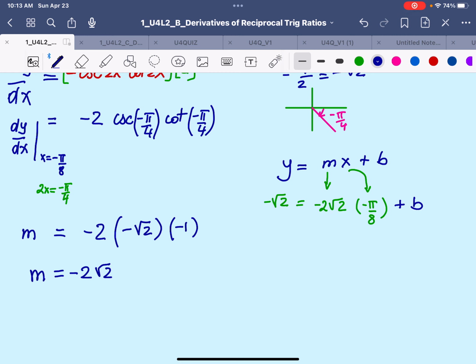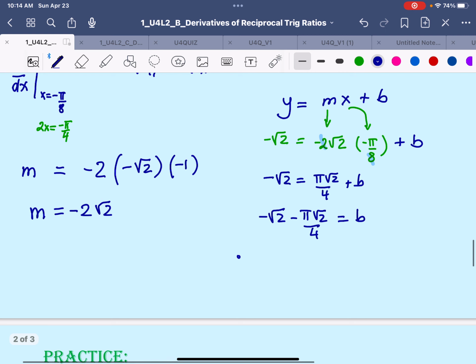So negative root 2 equals, and these two here will simplify the 8, so we have positive pi root 2 over 4. Then negative root 2 minus pi root 2 over 4 will be the value of b.